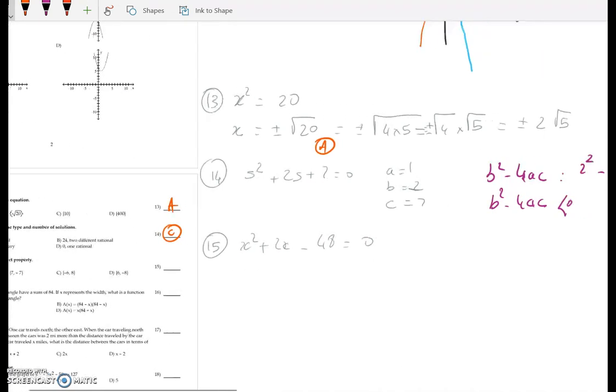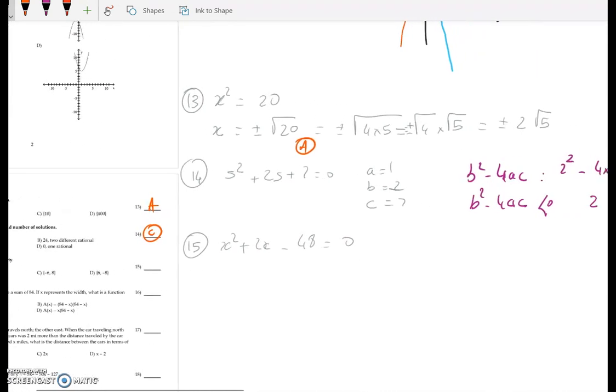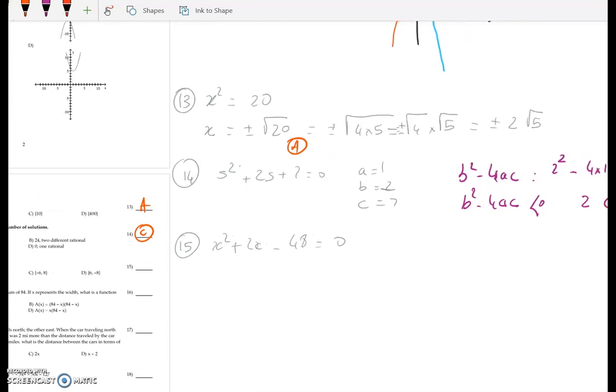Well, first of all, I want to factorize my expression x squared plus 2x minus 48. If I want to factorize my expression, what I'm going to have is pretty simple. I'm going to have x multiplied by x equals 0. For sure, what I want to do is add a plus here. That helped me to figure out that we'll always have a plus after my x.